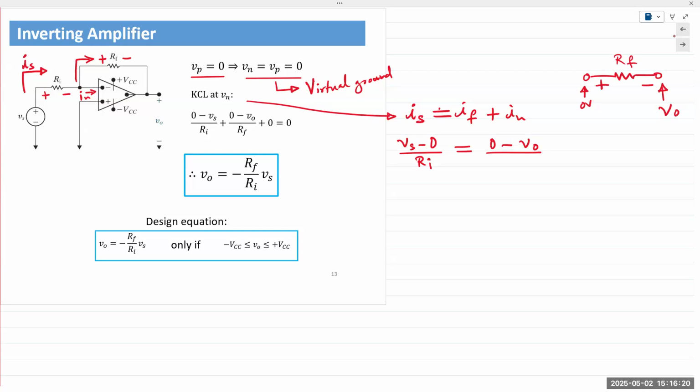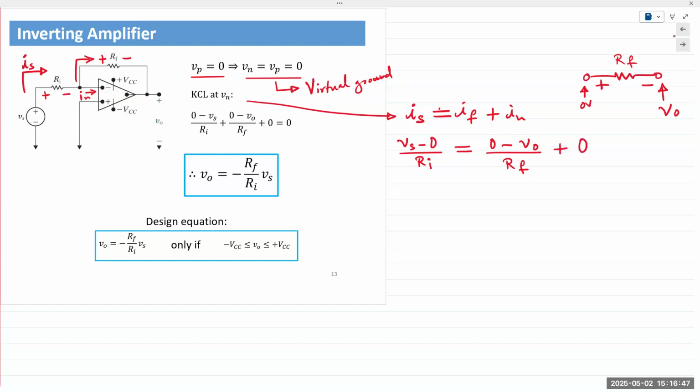So, does that make sense to everyone? Any questions? This would be RF. And of course, IN is 0.